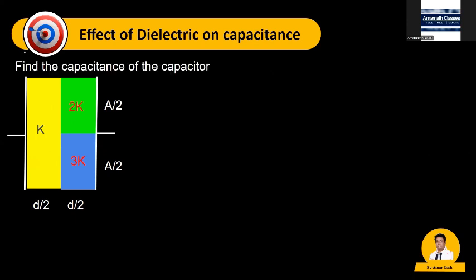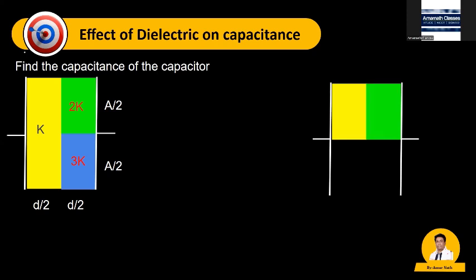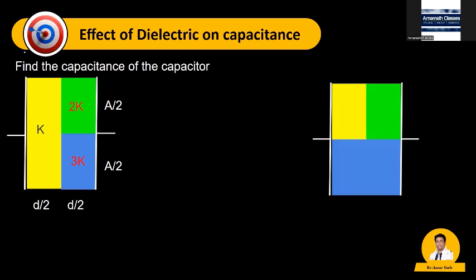Say the situation is like this. Okay. Again, one slab, two slab, three slab. Similarly, D by 2, D by 2, A by 2, A by 2. And the dielectric constants are K, 3K, and 2K.